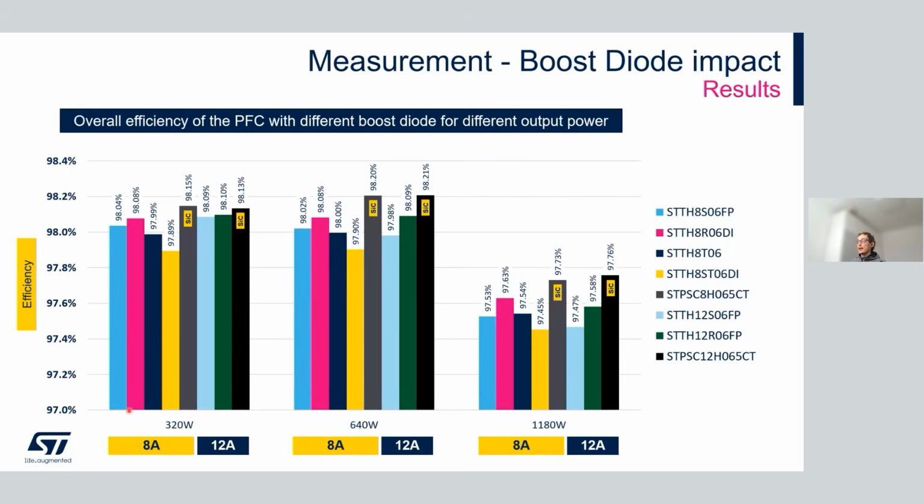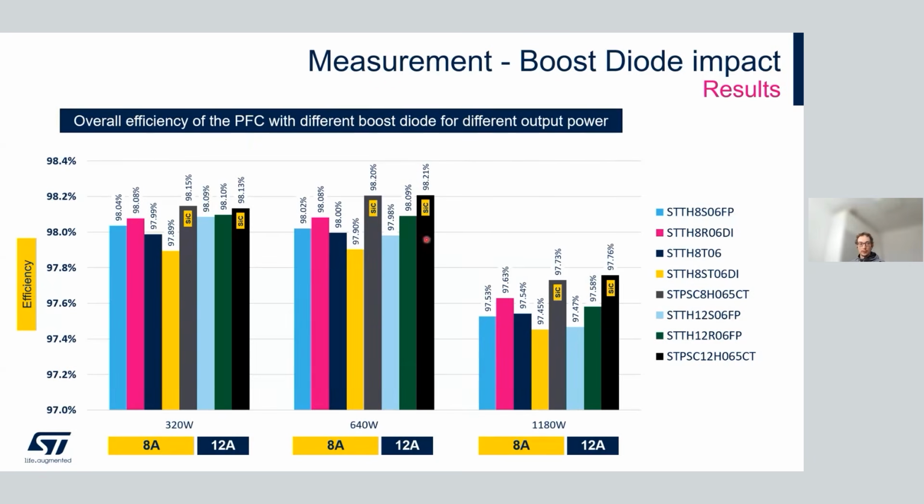They are grouped by efficiencies for 25% of the output power, half of the output power, and the full power. And you can see the efficiency for different kinds of diodes. In the gray and the black, you can see the silicon carbide diodes, and the efficiency is the best. So there is no doubt that the silicon carbide diode gives you the best result in continuous conduction mode PFCs.